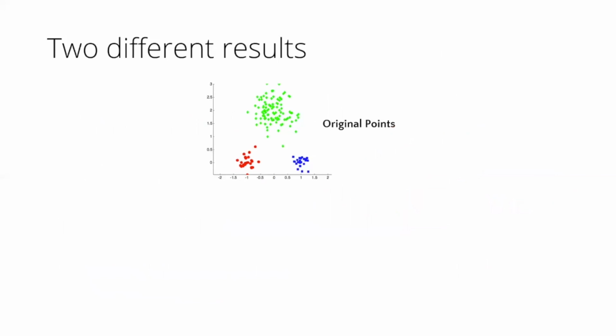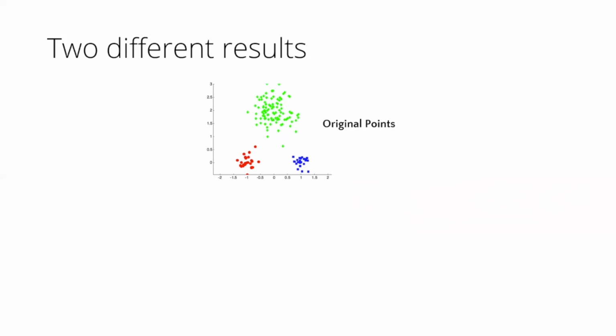Now, since I just talked about all the good things about k-means clustering, I'm going to talk about some limitations of k-means clustering. Let's consider another toy example where we have 3 distinct clusters.